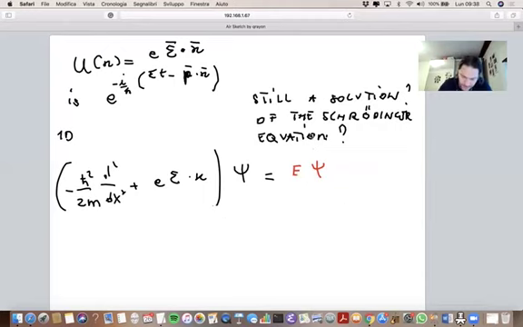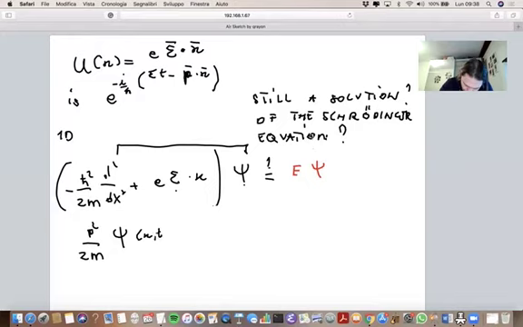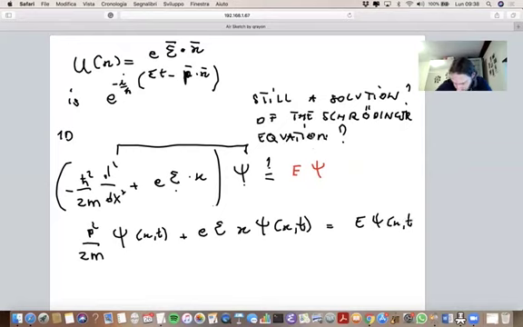Okay, so let's see if this equation is satisfied. I have a question mark here. Now when I act on this, I know that this term acting on the wave function will give me my usual p squared over 2m psi. But when this acts on this, it will give me E epsilon x psi of x,t equal E psi of x,t.